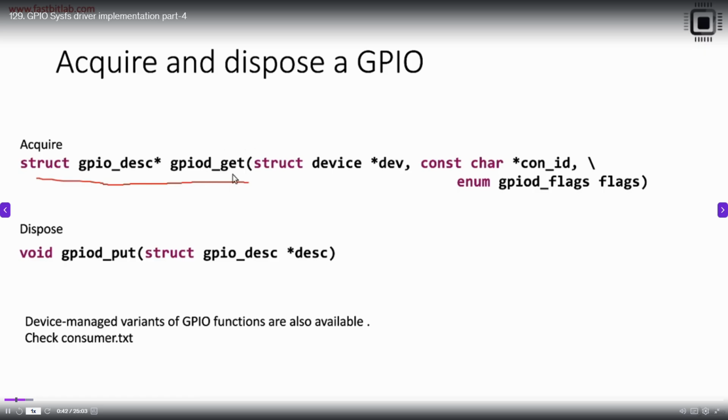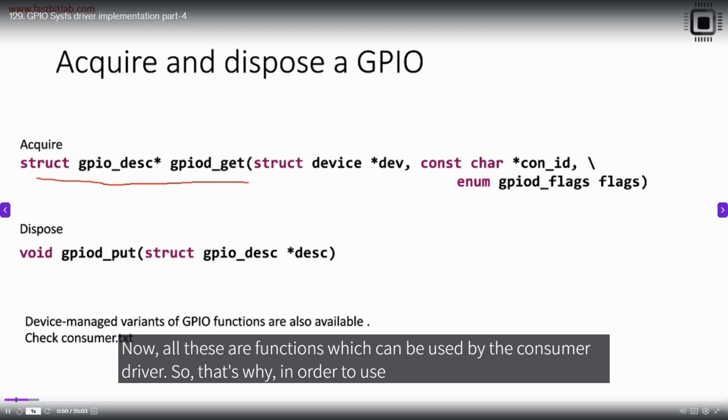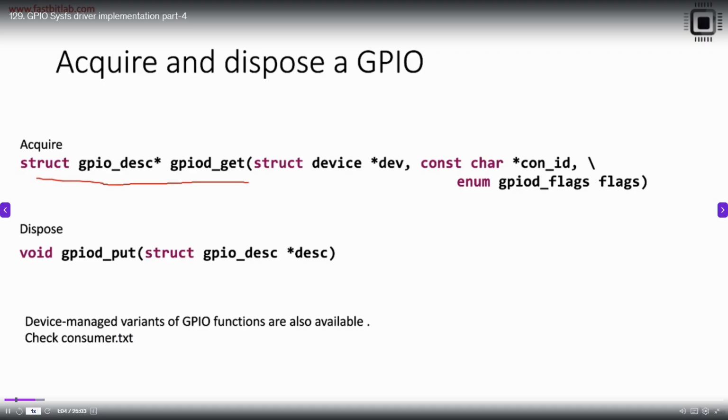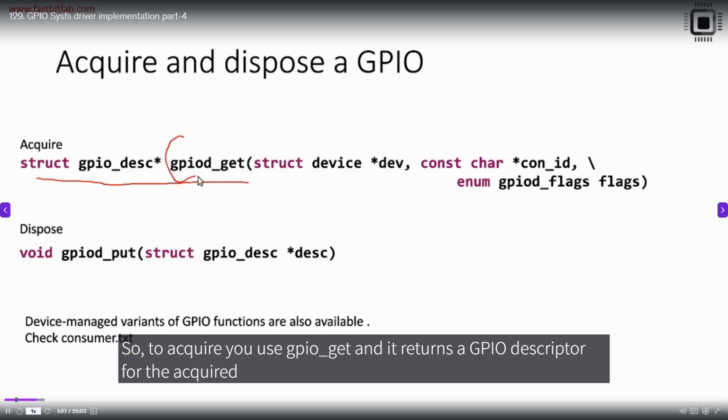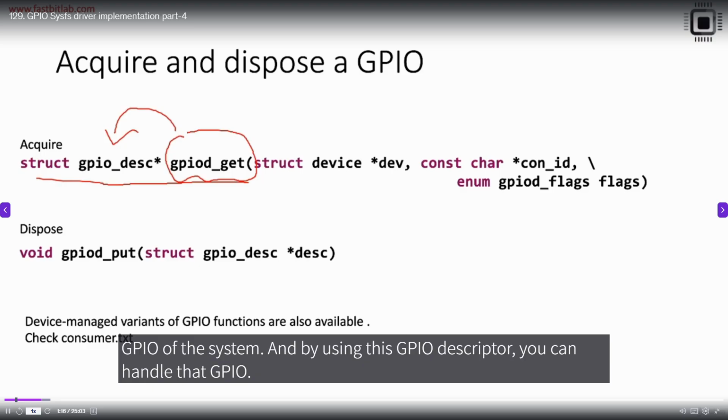gpiod_get. This is a kernel function which is exposed by the GPIO subsystem of Linux. All these are functions which can be used by the consumer driver. That's why in order to use these kernel functions, you have to include the header file consumer.h. To acquire, you use gpiod_get, and it returns a GPIO descriptor for the acquired GPIO of the system.